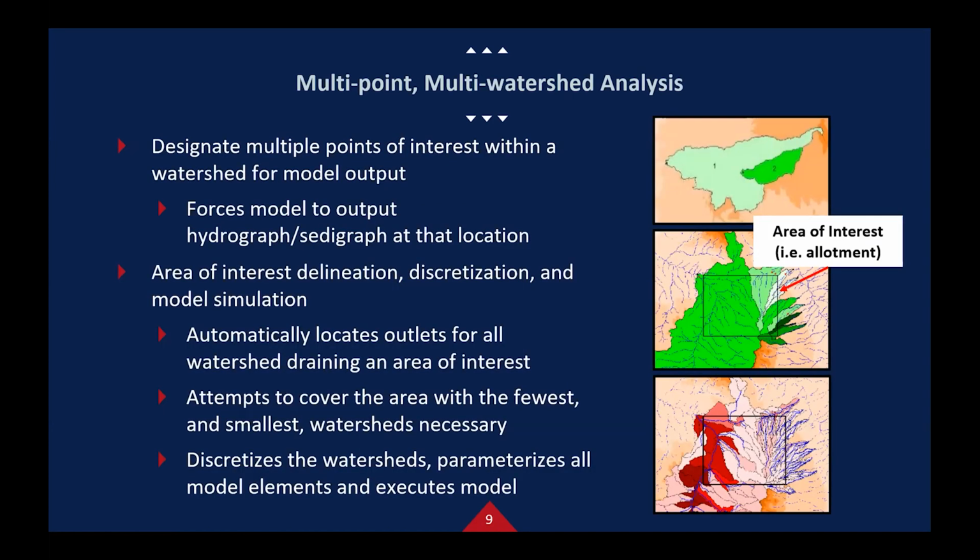Here's an important set of tools that we have. You can have multiple pour points identified, as well as do a multiple watershed analysis. With multiple pour points, you can have more than one pour point that you force AGWA to model to.